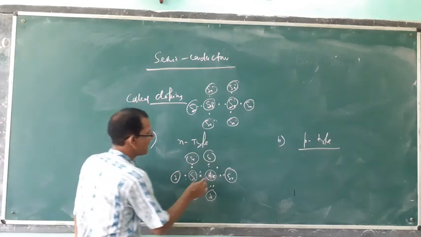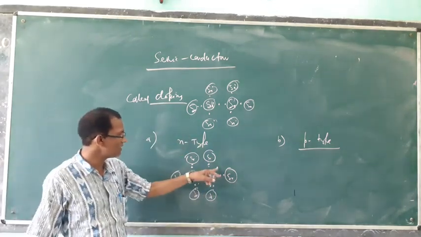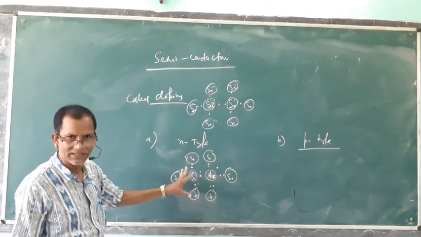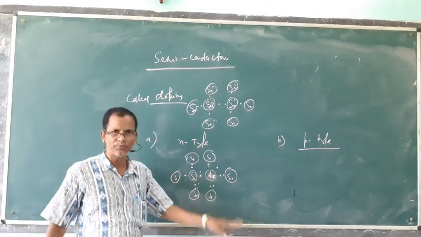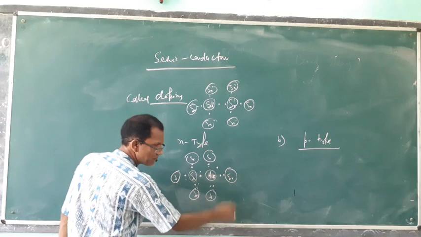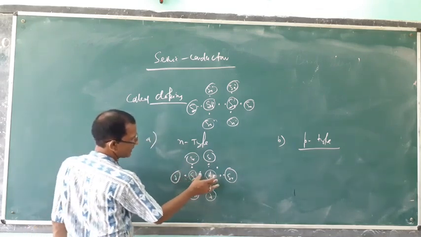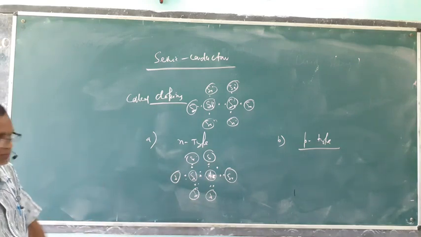Clear? So around arsenic, one extra electron remains because arsenic valency is 5 and silicon valency is 4. So arsenic is pentavalent and silicon is tetravalent. Tetravalent means silicon can form how many bonds? 4 electrons.